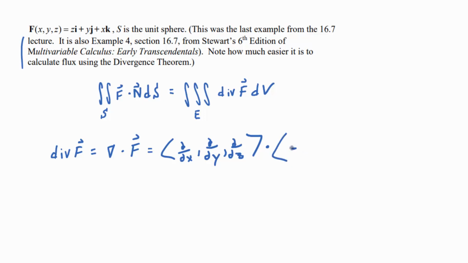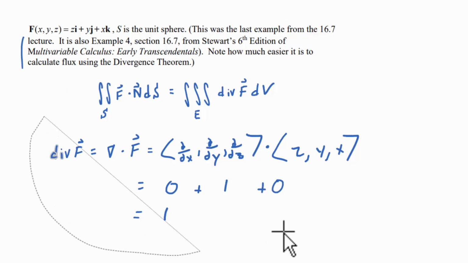So z, y, x. So it's not quite everything is 0, right? d/dx of z is certainly 0. d/dz of x is certainly 0 on the end. But in the middle, d/dy of y is 1, right? So we do get an integrand of 1. That's kind of neat, right?